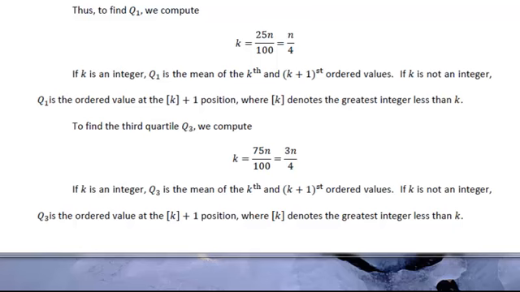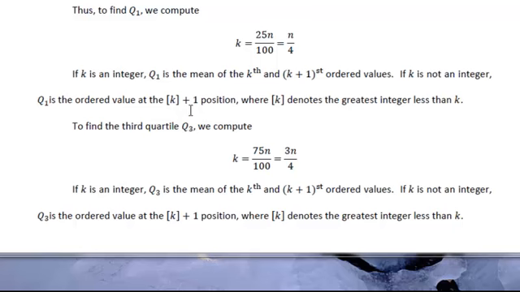To find the value of the third quartile, if k is an integer, then we take the kth and the k plus 1. If it's not, just like we did with percentiles, and this is the same for Q1, which I didn't mention, if k isn't an integer, then we go to the next greater integer. And you'll see on this sheet this k in brackets plus 1.